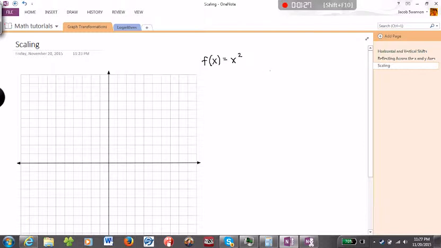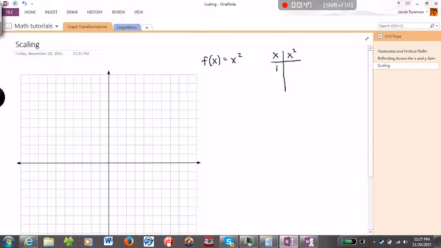Alright, so let's plot some points on x squared. When x equals something, we're going to see what x squared, or in this case f of x, will equal. We all know how to multiply a number by itself.